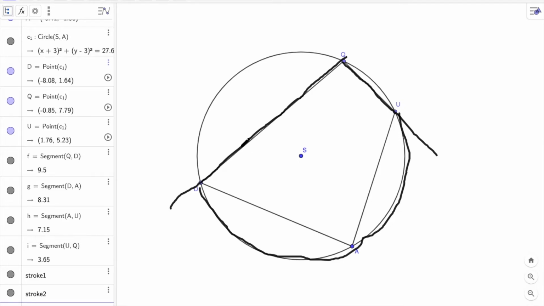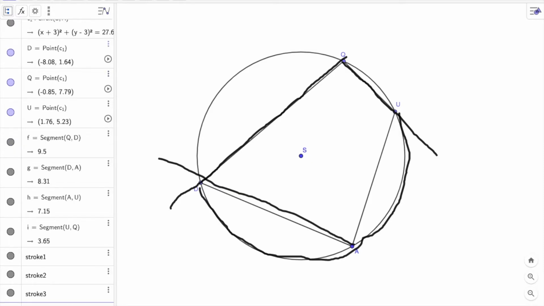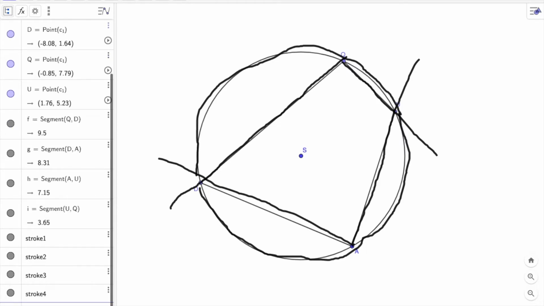Let's take a look at the other angle. So here's angle Q up top. Unfortunately, I'm going to have to do the same color right now, but let me trace out angle A. So angle A lives down here, goes up in this direction as well. And the arc that lies inside this angle is this one right here, DQU, that goes all the way around this way.